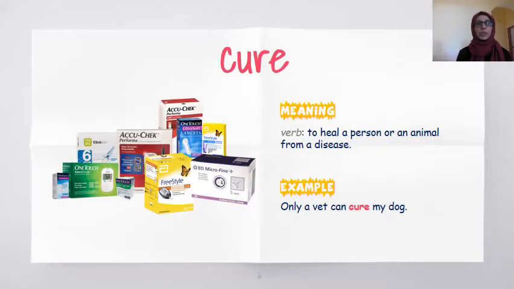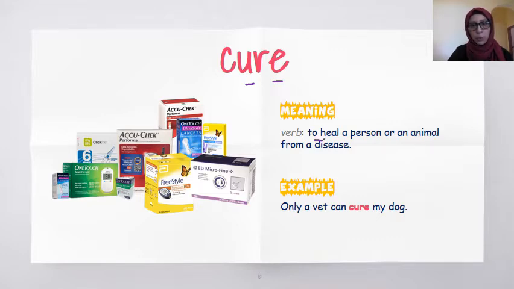The second word in our vocabulary list is the word cure. Cure. Now the word cure can be a noun and it can also be a verb. Here in the text they used it as a verb. What is the meaning of the word cure? Cure, this is with a long U, okay? So it's a verb.